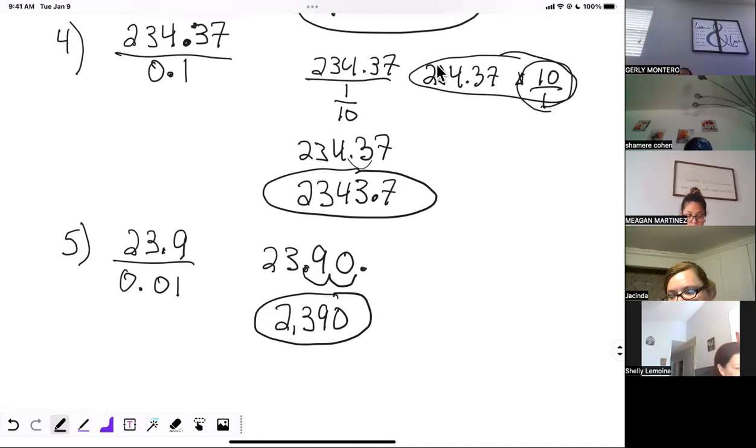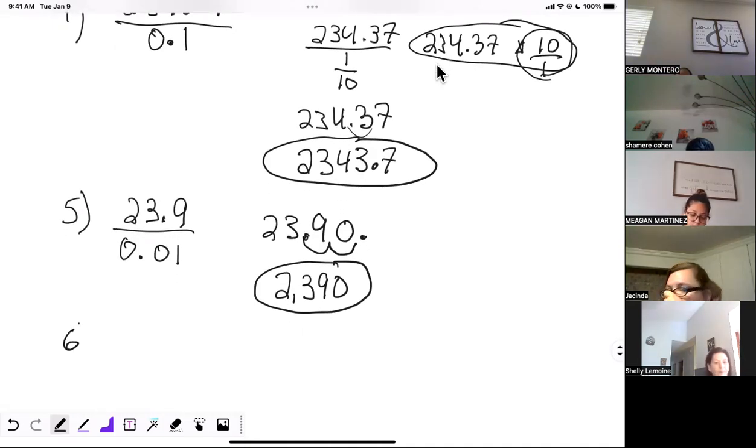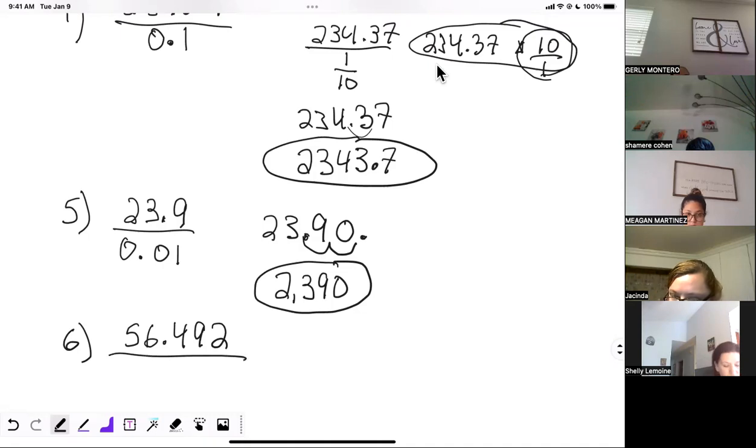Then I'll show you one more. Number 6. Let's do 56.492 divided by 0.0001. We'll do a big one. All right, I have 4 decimal places. That means I have to move the decimal place 4 places.